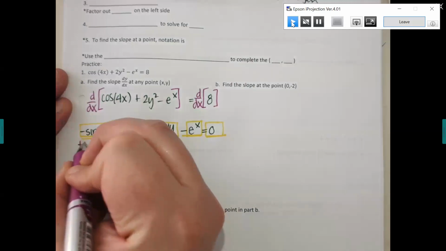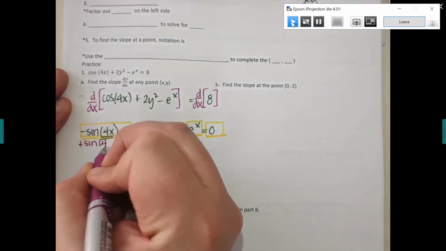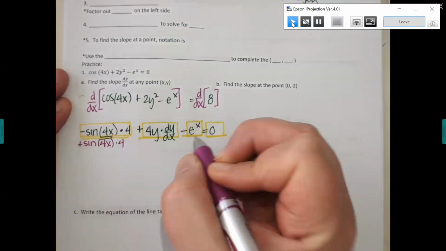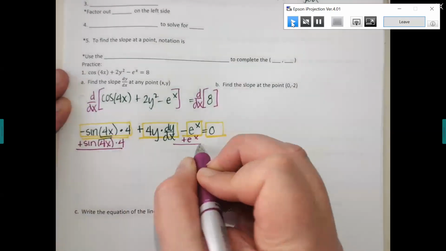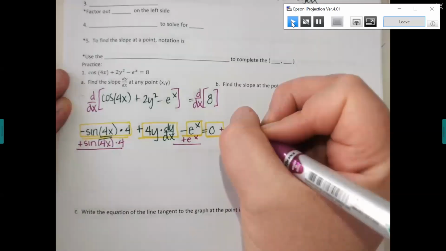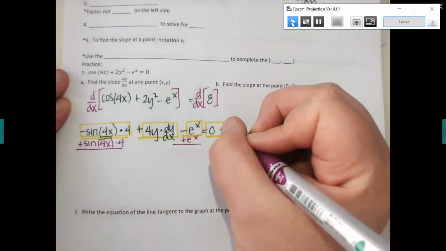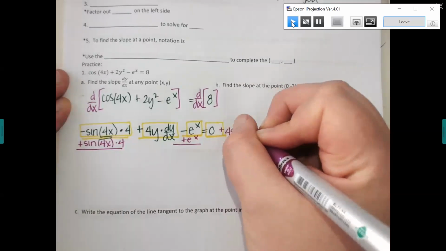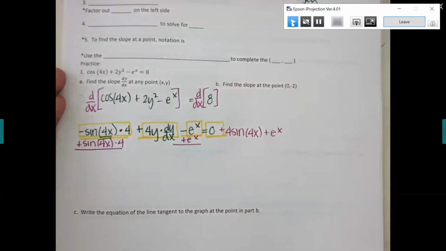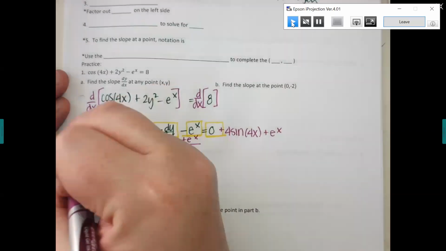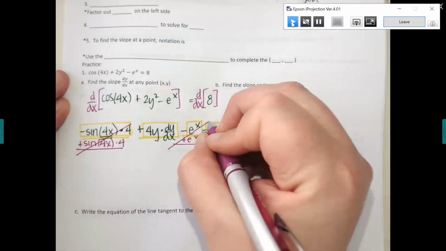We're going to add the sine 4x times 4 to the other side, and we're going to add the e to the x to the other side. So that now we have a plus 4 sine 4x and an e to the x. And now this is crossed out and crossed out.